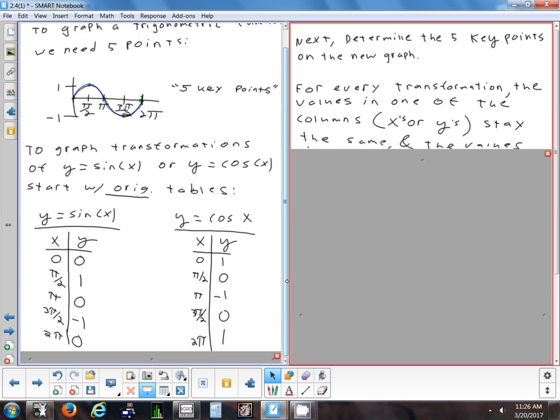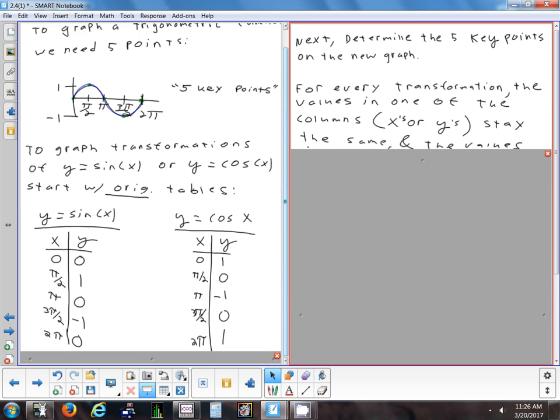Let's say I decided to take my sine function and shift it up, just to be simple, up 1 unit. If you shift something up, what values does that affect? X values or y values? Y's. So if I said to shift the sine function up, you're not going to change the x's at all. Those are going to stay exactly the same.